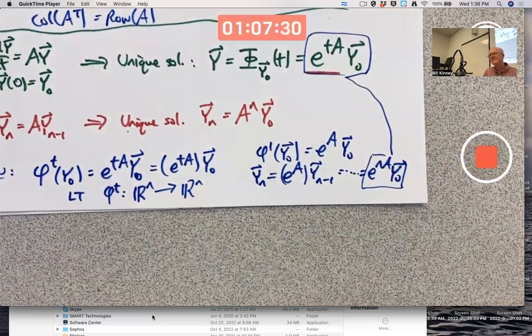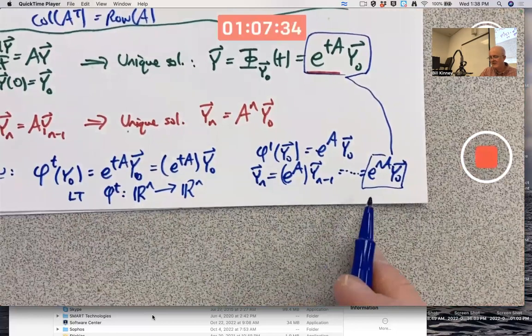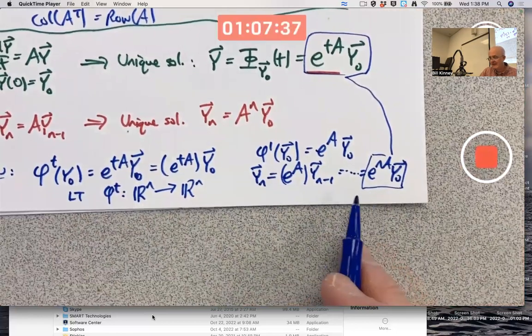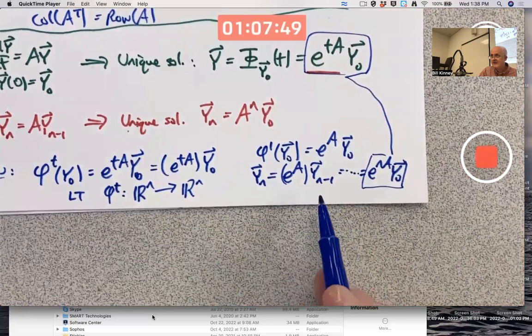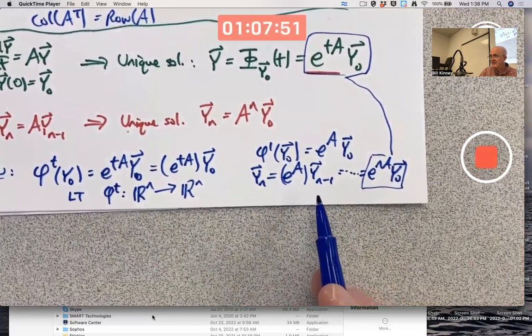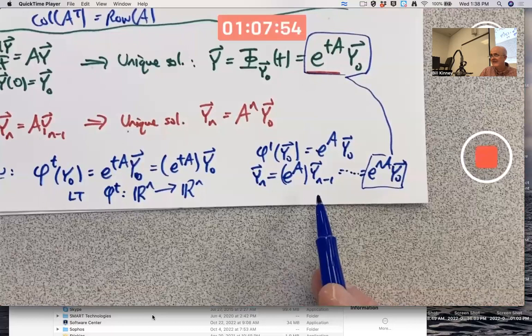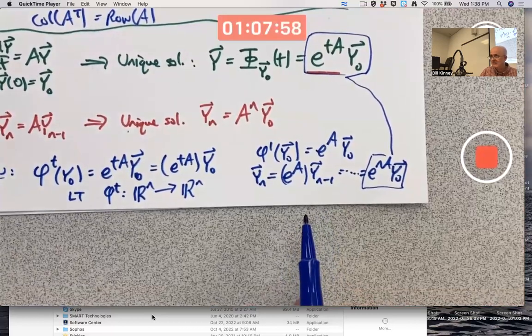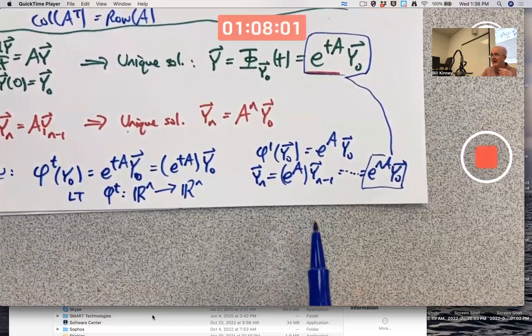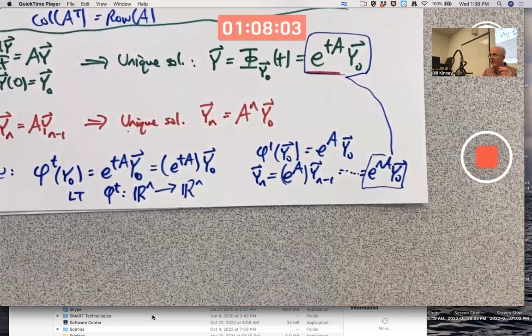You might say big deal, but it's really useful. In the lectures I talk about the eigenvalues and eigenvectors of e to the A and how they're relevant. It came up on a homework problem too. They're related to each other. The eigenvalues of e to the A are related to the eigenvalues of A. Same with the eigenvectors. Whether the origin is a sink or a source or a saddle with the differential equations depends on the sign of the real part of the eigenvalues.